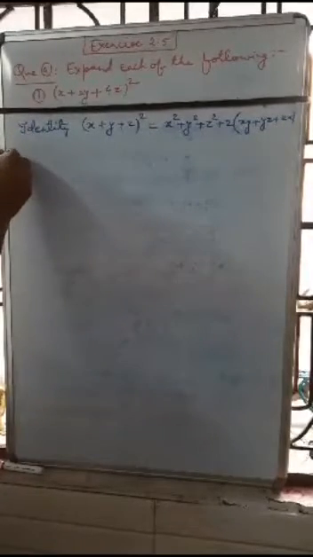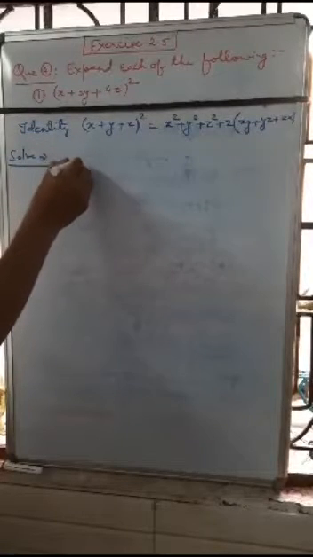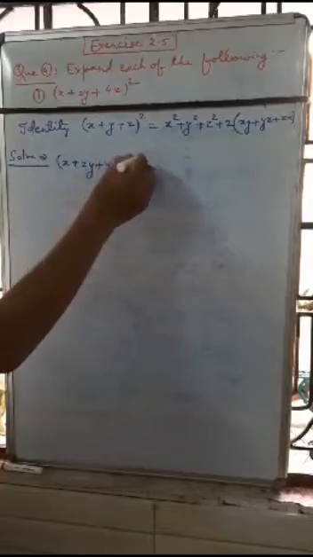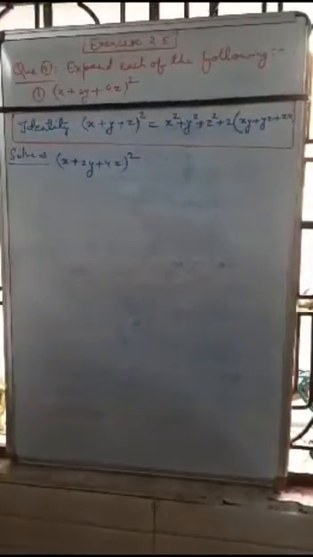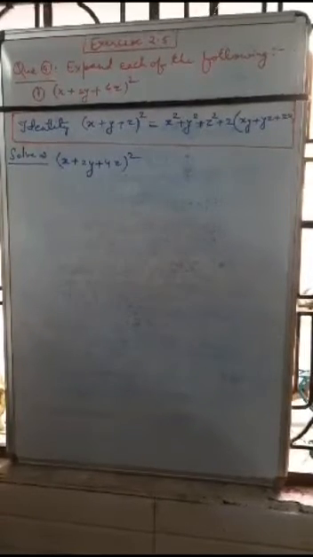Written before your eyes: x plus y plus z whole square is equal to x square plus y square plus z square plus 2 bracket xy plus yz plus zx.